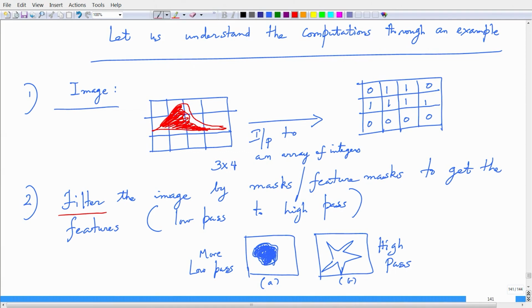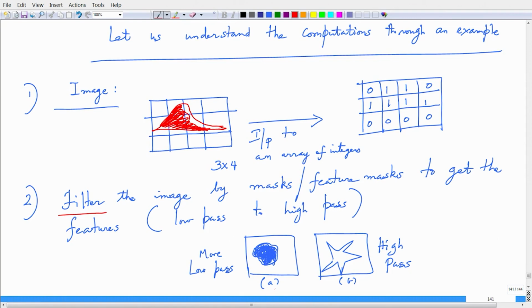What is the role of the mask? The mask can extract features that are low pass in nature. That means the signal may have content in the low pass region. So, the mask can extract this information. Similarly, it can have information on edges, etc., that are essentially high pass in nature, and the mask can extract those features.